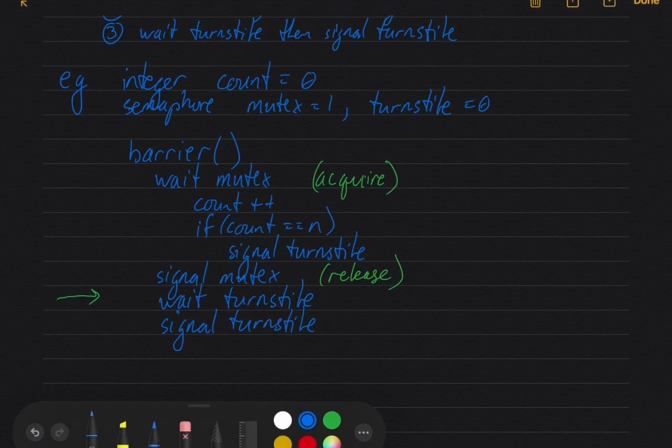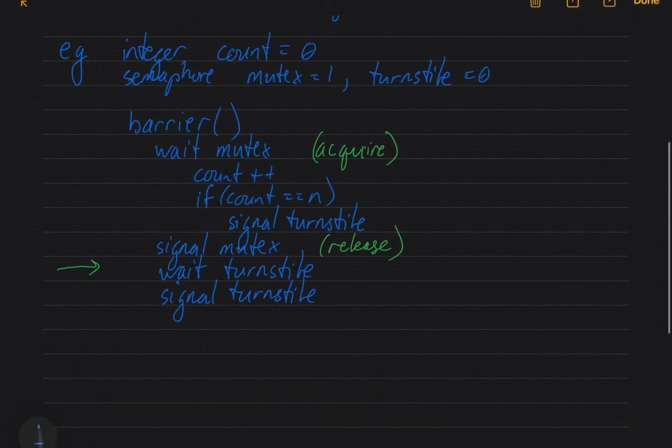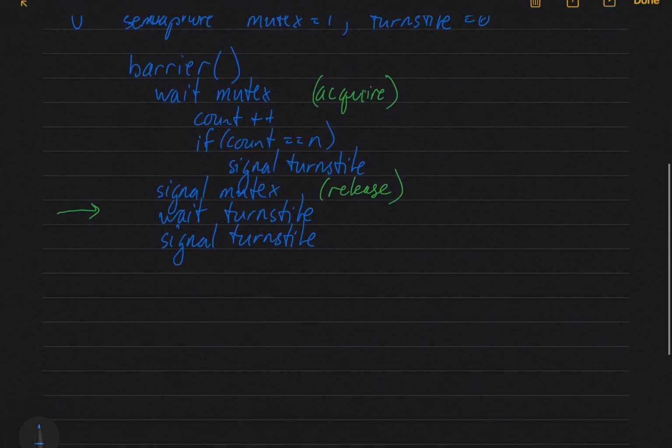And so the code for this, hopefully you can fit this on one page, would look like this. So say we've got task 1 to task n. They're all going to look the same. They will loop forever, and inside there they'll do some work, and then they will invoke the barrier synchronization to wait for all the other tasks to reach the same point.